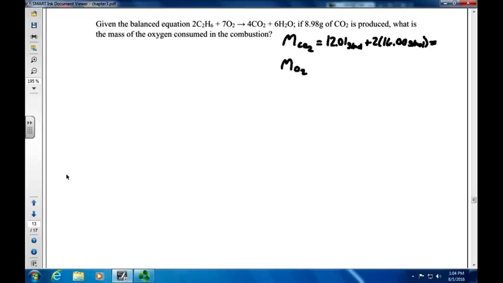And that gets us 44.01 grams per mole. For the mass of oxygen, it's just 2 times 16.00 grams per mole, which gives us 32.00 grams per mole for the molecule.